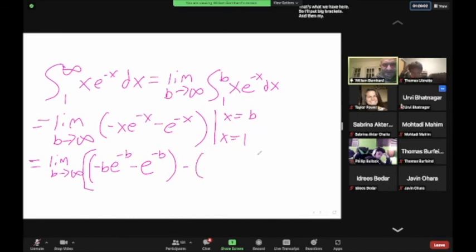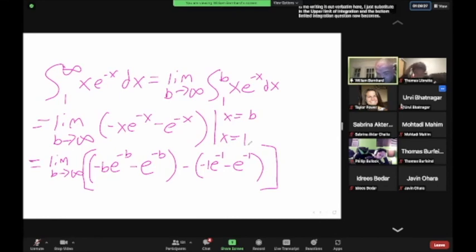And then minus, we have negative 1 e to the negative 1 minus e to the negative 1. So this is me writing it out verbatim here. I just substitute in the upper limit of integration and the bottom limit of integration.